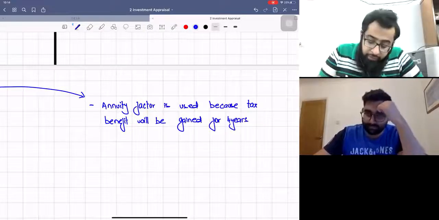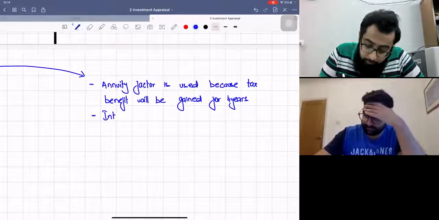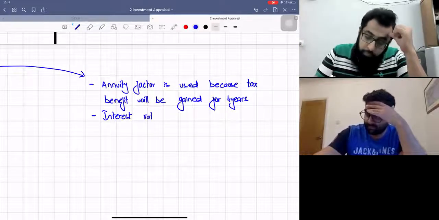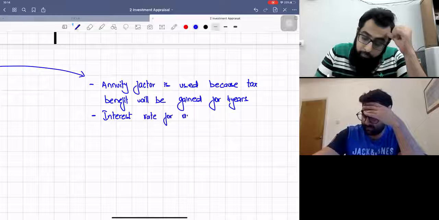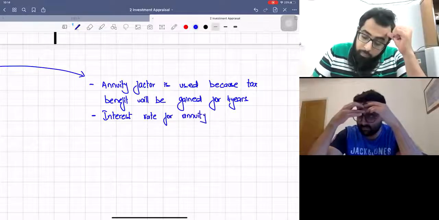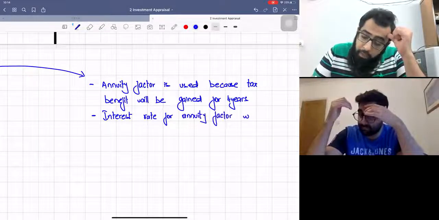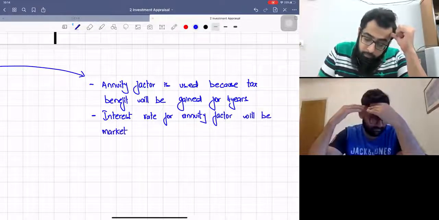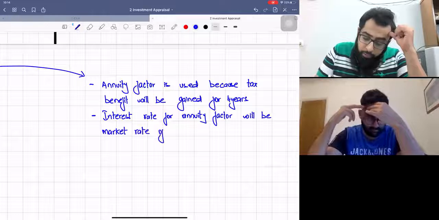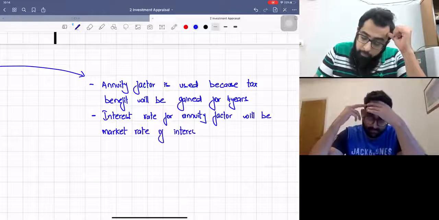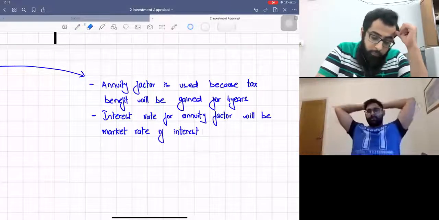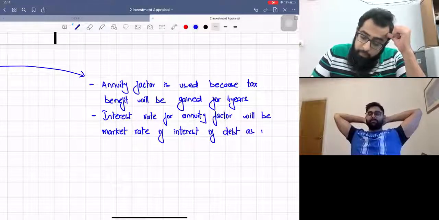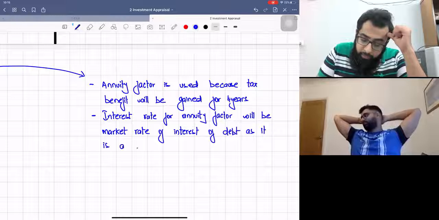Interest rate for annuity factor will be the market rate of interest of debt, as it is a debt related transaction.